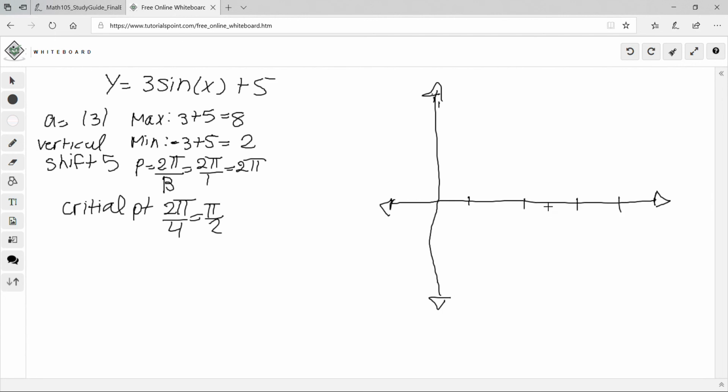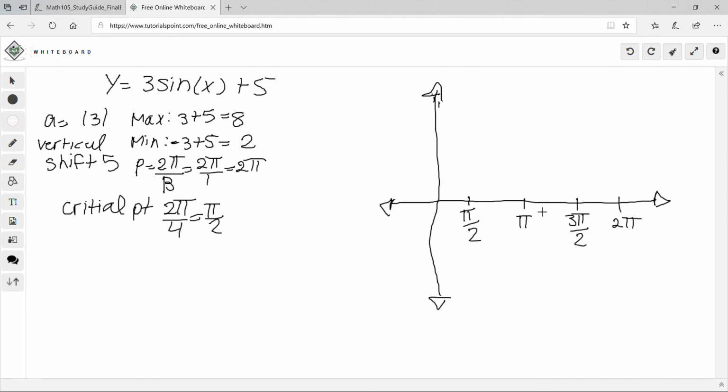So our first point is always starting with the critical point, which is pi halves, and our last point is always the period, which is 2 pi. To figure out the points, you just add pi halves plus pi halves, which is pi, and then pi plus pi halves, which is 3 pi halves.